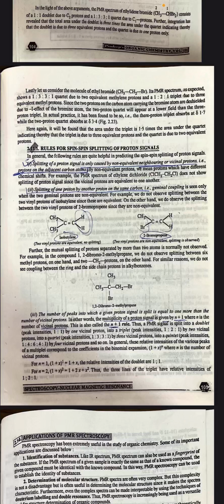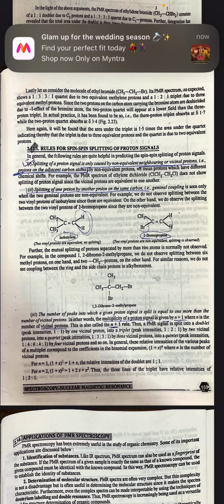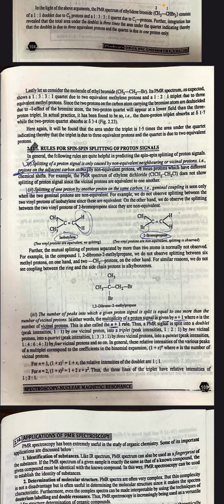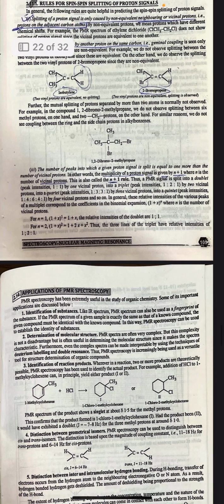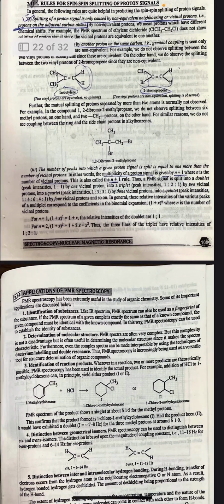Second, there is no splitting of one proton by another on the same carbon atom. The number of peaks into which a given proton splits is equal to one more than the number of vicinal protons. In other words, the multiplicity of a proton is generally given by the rule n plus 1, where n is the number of vicinal protons.